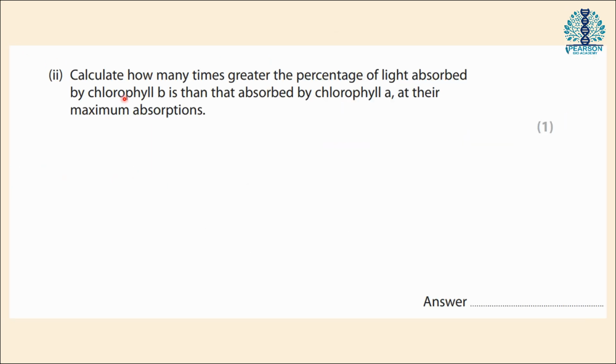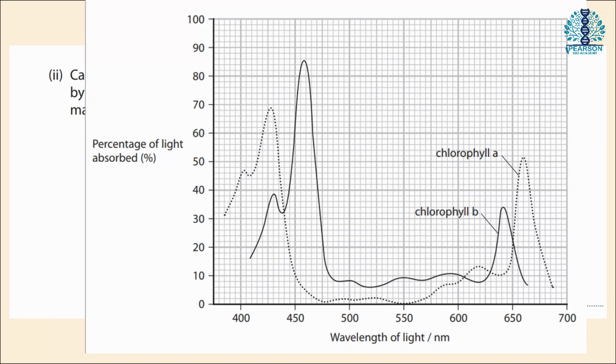And next question, you have to calculate how many times greater the percentage of light absorbed by chlorophyll B is than that absorbed by chlorophyll A at their maximum absorption. So for this question, we will need to analyze the graph to find the maximum light absorption percentages for each pigment. By examining the graph, we see that chlorophyll B has a maximum absorption of 85%, while chlorophyll A has a maximum of 69%.